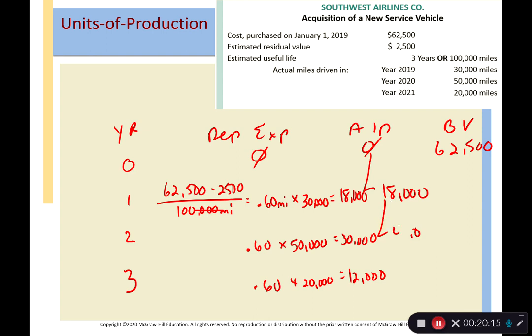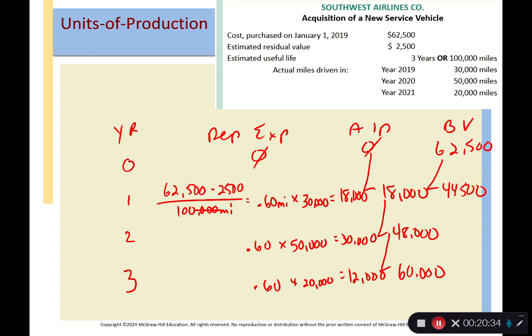Hate how those random lines show up, but I can't help it. And then 48 plus 12 brings me up to 60. The book value is going to be 62,500 minus 18 for year one, which is 44,500.